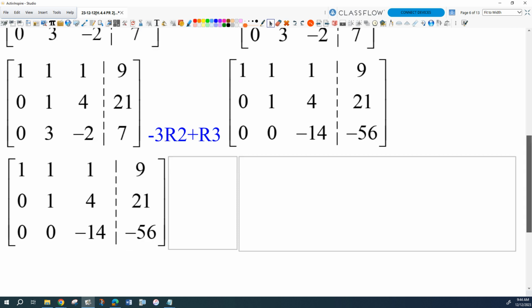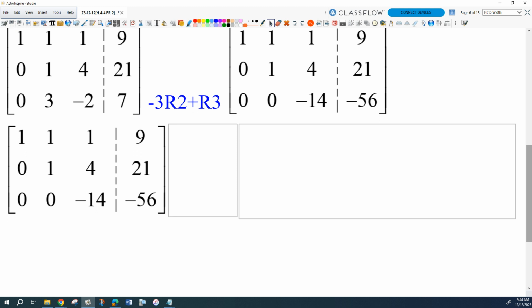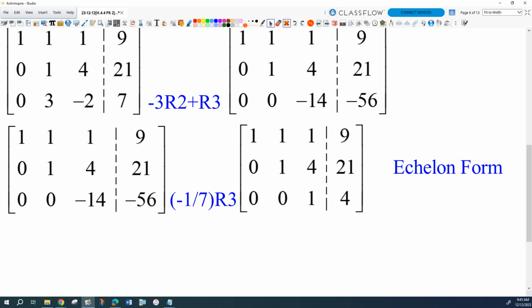Now, what could I do to that bottom row? You're right. But I want to make that a 1, right? By negative 14. Good. Does 14 not go into 56? Oh, I guess it doesn't. That's right. You were right. Yeah, 14 doesn't go into 56.